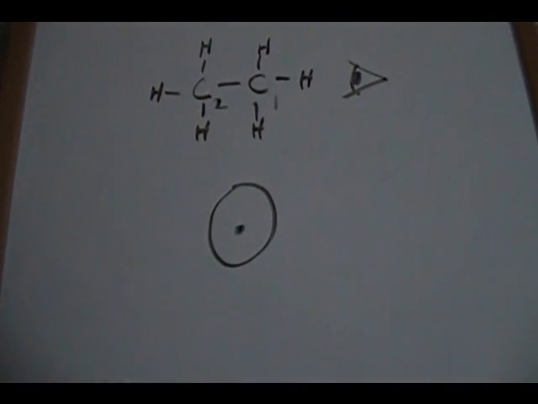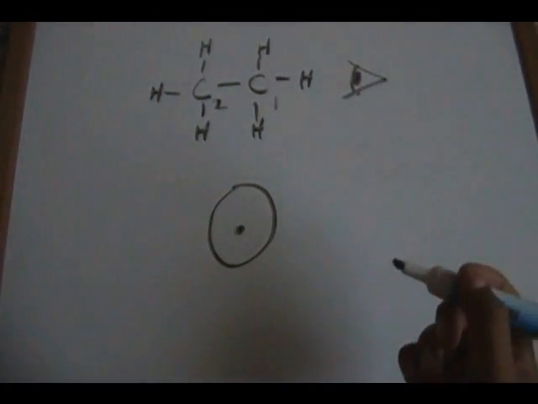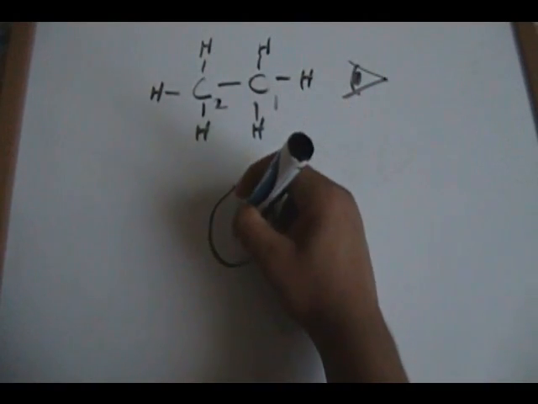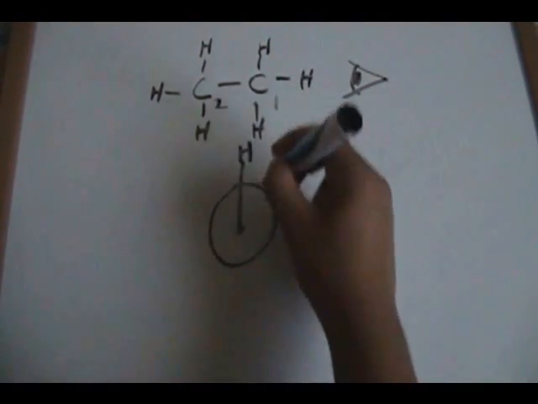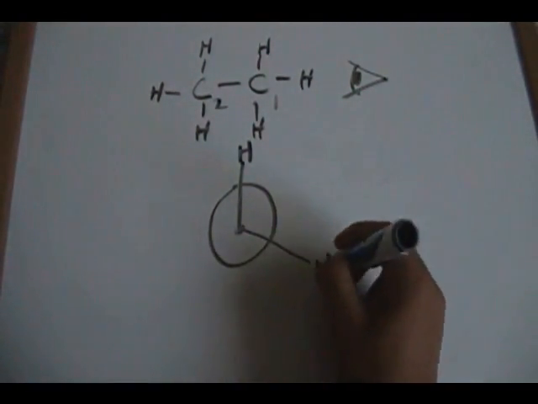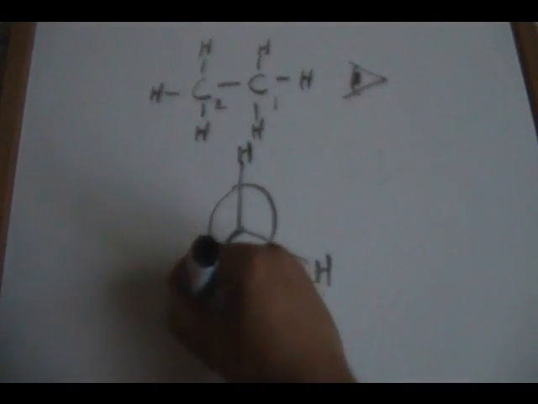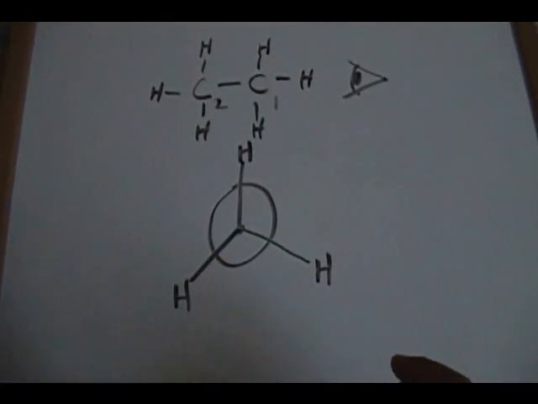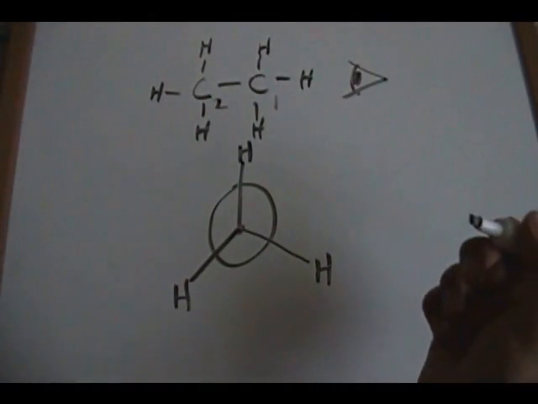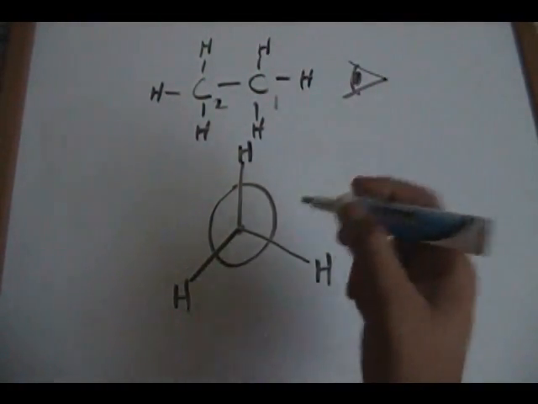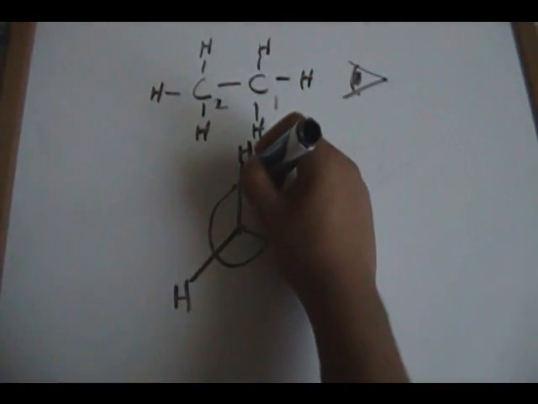Okay, so let's draw in the H's now, the hydrogen atoms. So there's one hydrogen there, there's another hydrogen there, there's another hydrogen atom there. Okay, so we've drawn 3 hydrogen atoms attached to carbon number 1, and let's draw the rest of the hydrogen atoms.